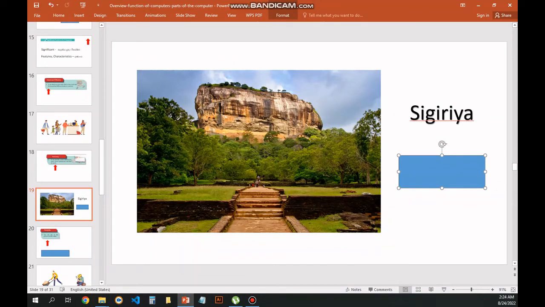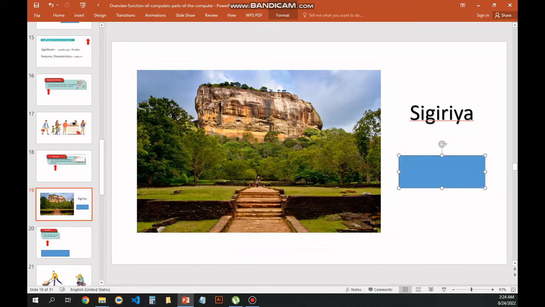So when a person tries to search for Sigiriya, he can see those things. Okay, Sigiriya is in Kazakhstan or in China. So see, the accuracy is 100%, but what's the problem? The problem is the person who entered the data has entered the wrong data. That was not a problem of the computer itself.